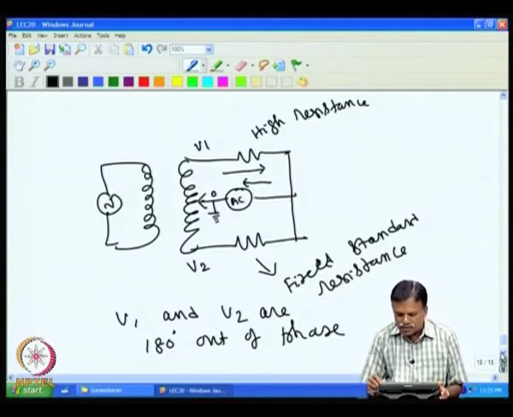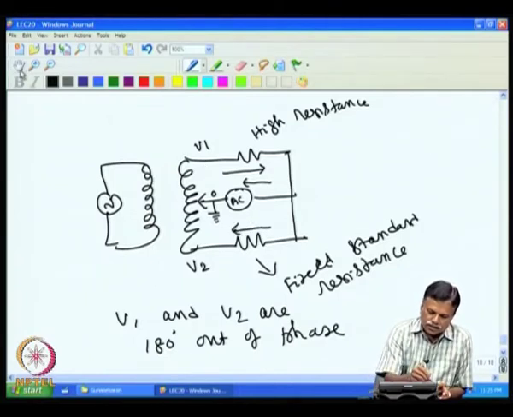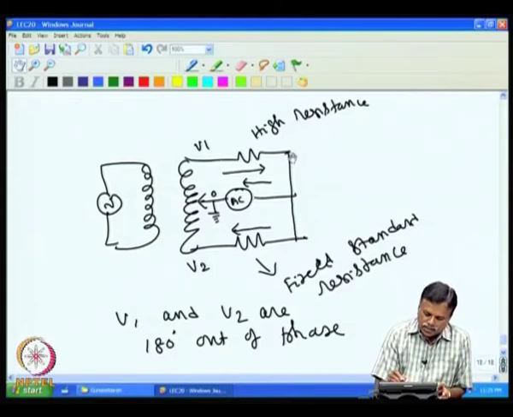That makes this current and this current opposite. So if this current is flowing like this, then this current is flowing like this. So we have two opposite currents actually.